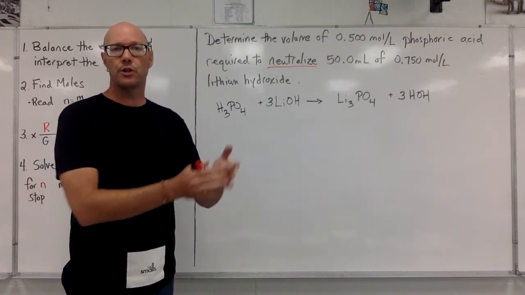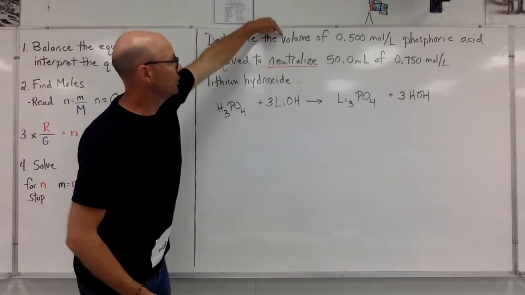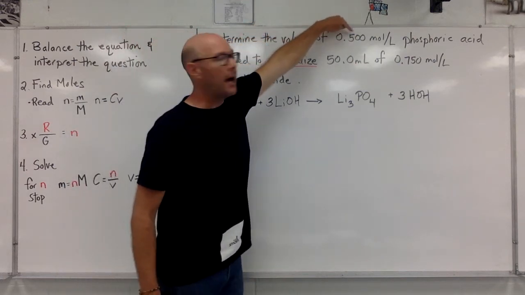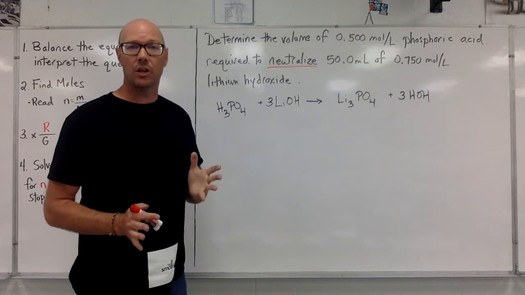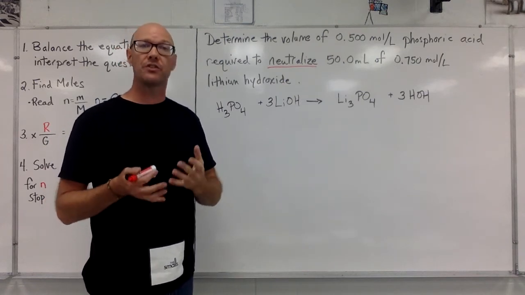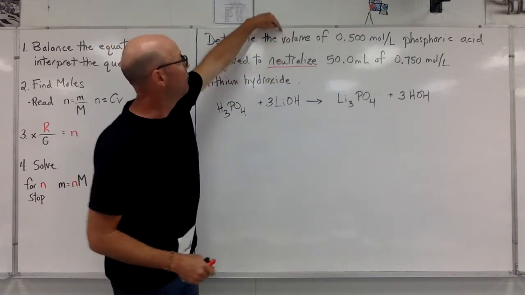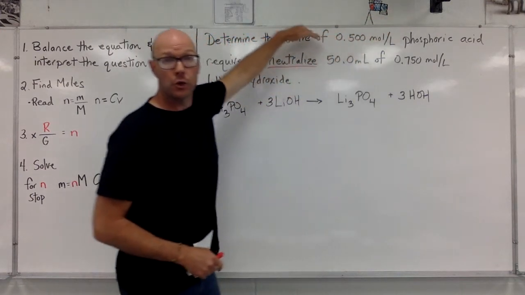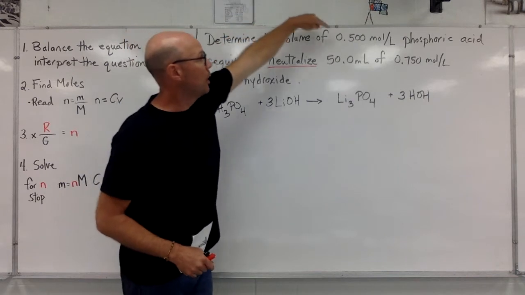Volume, the actual word volume, of concentration. That mole per liter is the concentration. Those are the units that give us a signal. Volume, concentration, chemical. All those go together.